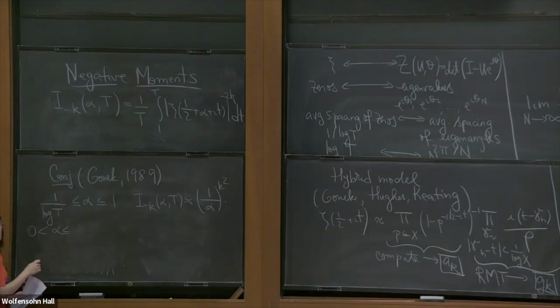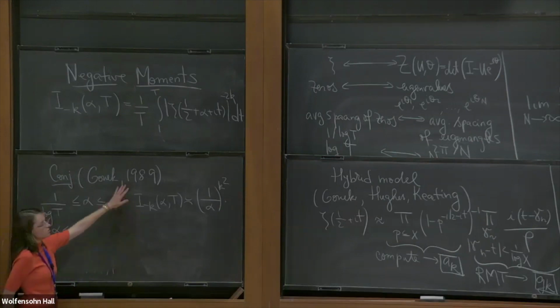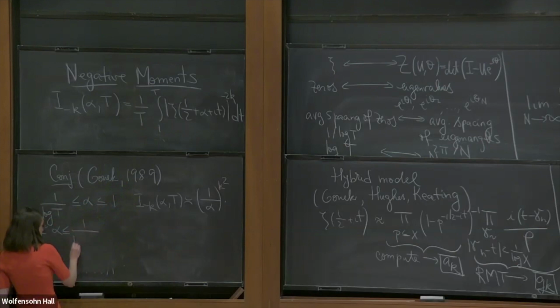In the region of convergence, it's not so interesting. Really, we care about alpha being small, so ideally alpha goes to 0. If alpha is of constant size, I think these moments were understood even when Gonek made this conjecture. So now the interesting range is alpha is less than 1 over log t.